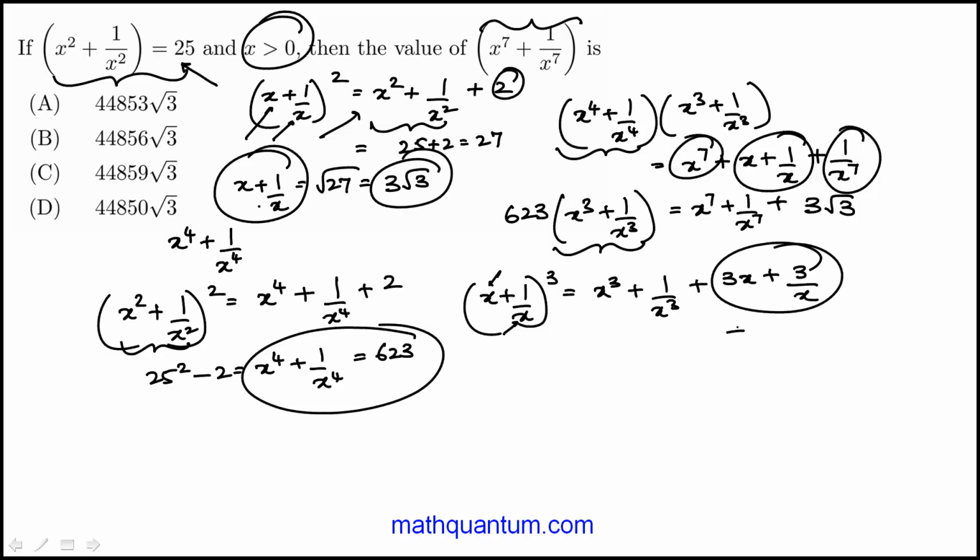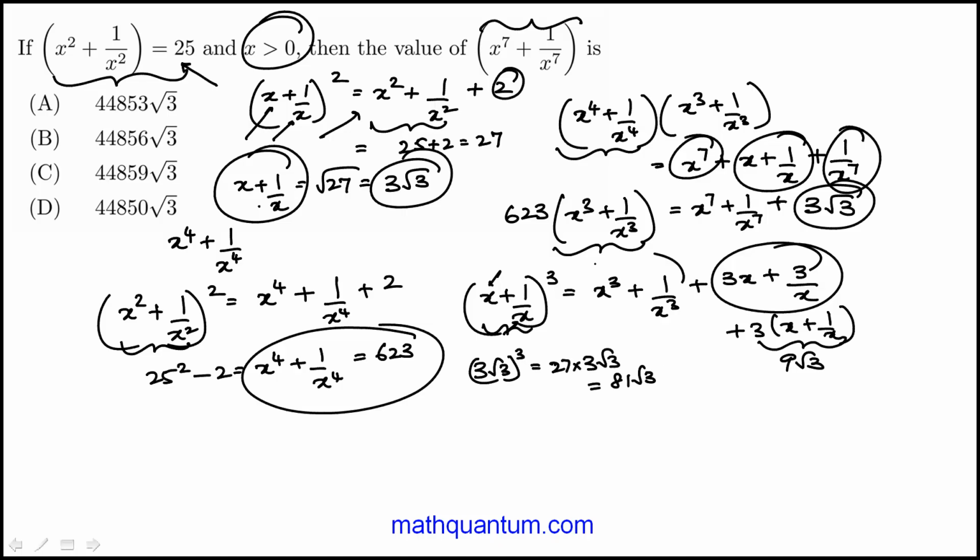And you'll note that this is just x plus 1 over x, which we already know is 3 root 3. So that whole thing becomes 9 root 3. X plus 1 over x we already know is 3 root 3. We just have to cube it, which would be 27 times 3 times root 3, or 81 root 3, which means this piece is 81 root 3 minus 9 root 3, which is 72 root 3.